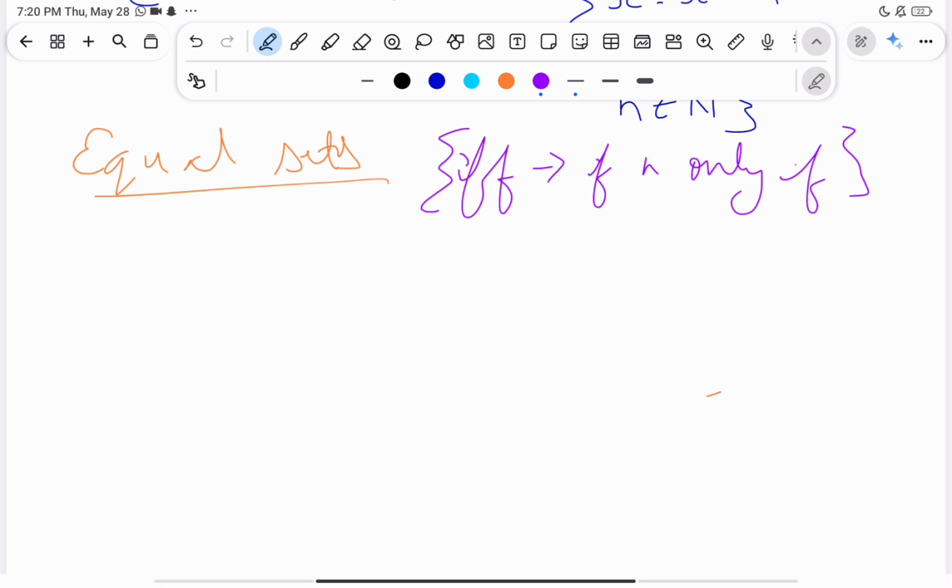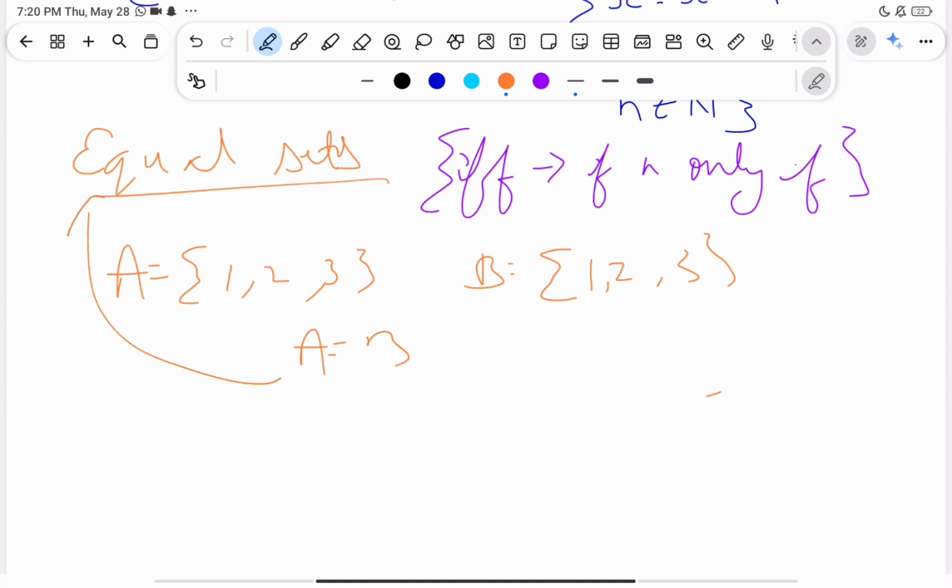If and only if all the elements of A are also elements of B. If A is equals to {1, 2, 3} and B is equals to {1, 2, 3}, then A is equal to B. These are called equal sets.